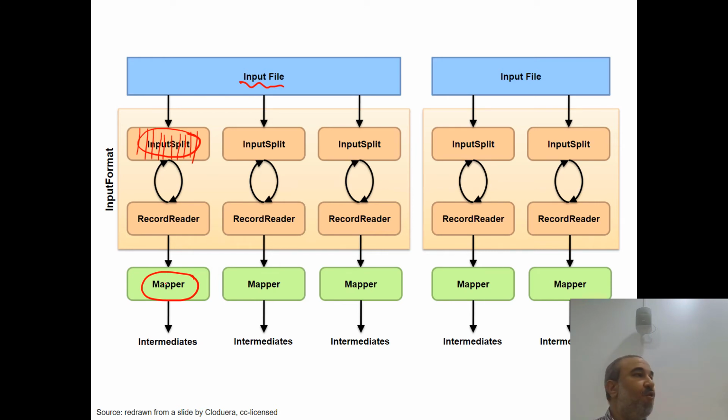The map function of this mapper will be called with that record. Then we get another record, it will be called, and then a third record, and so on. That will happen in parallel through the different mappers in the cluster. And each mapper, of course, will write the intermediate output.